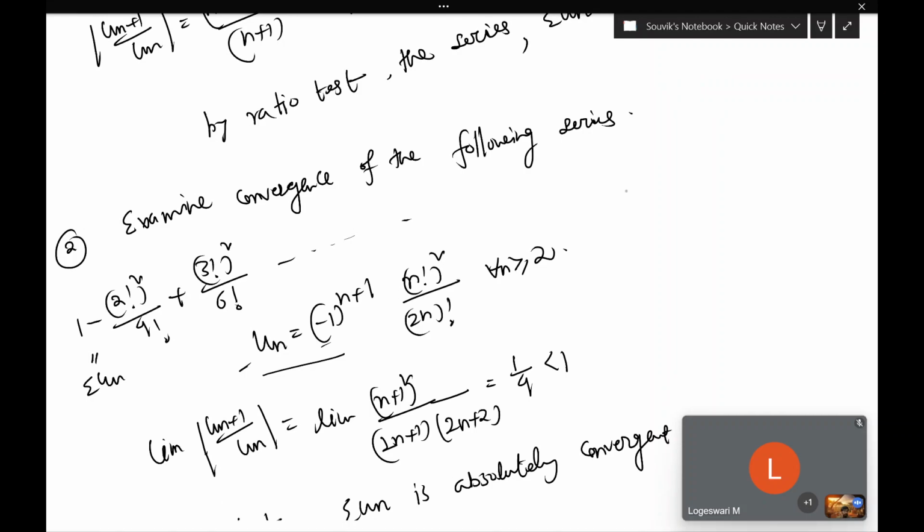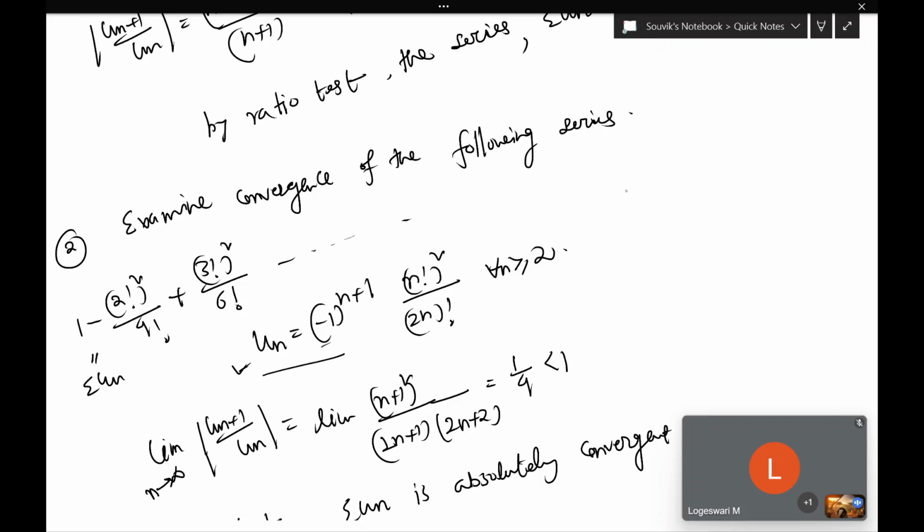Now we have discussed examining the following series, namely 1 minus (2 factorial) whole square by 4 factorial plus (3 factorial) whole square by 6 factorial dot dot dot. Here u_n is (-1)^(n+1) times (n factorial) whole square by (2n) factorial.